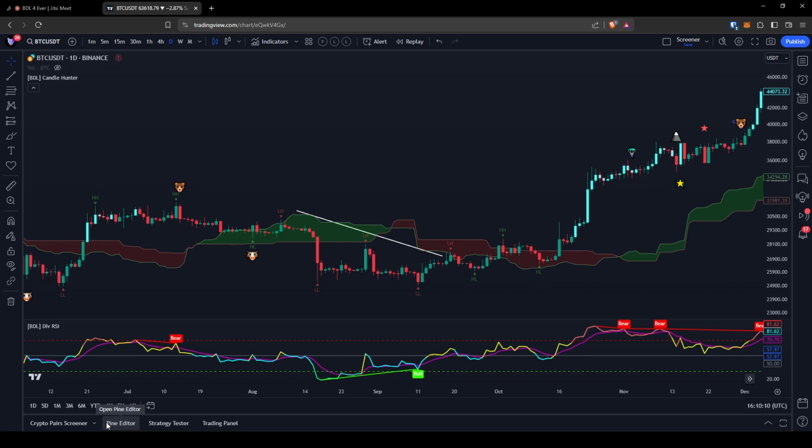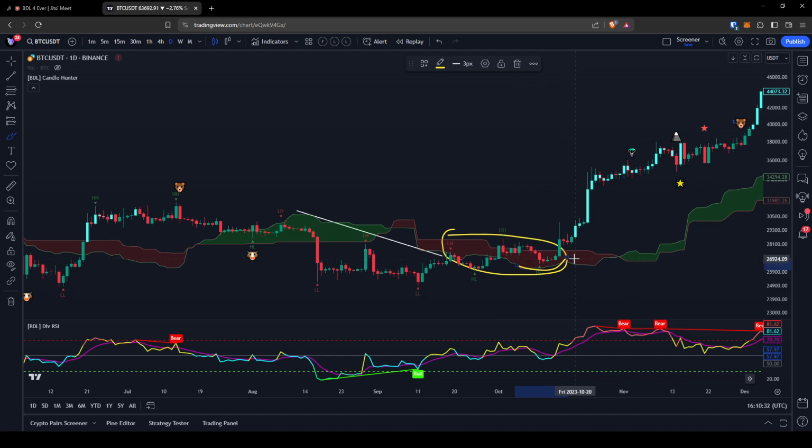Now you see that the cloud is still red. The price moves into the cloud, breaks a little bit above it, and then falls back in the cloud. But you can see that it finds support at the bottom of the cloud. This is where the RSI really comes in.